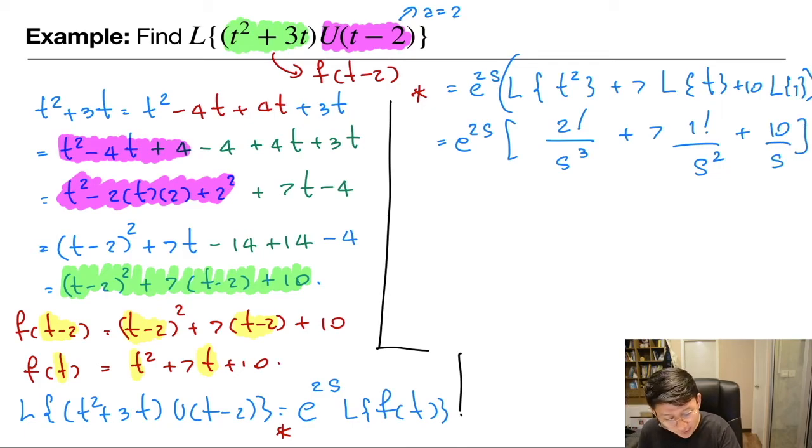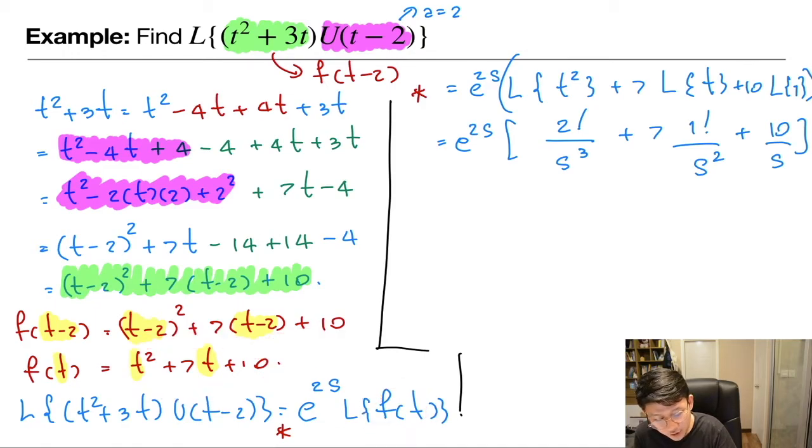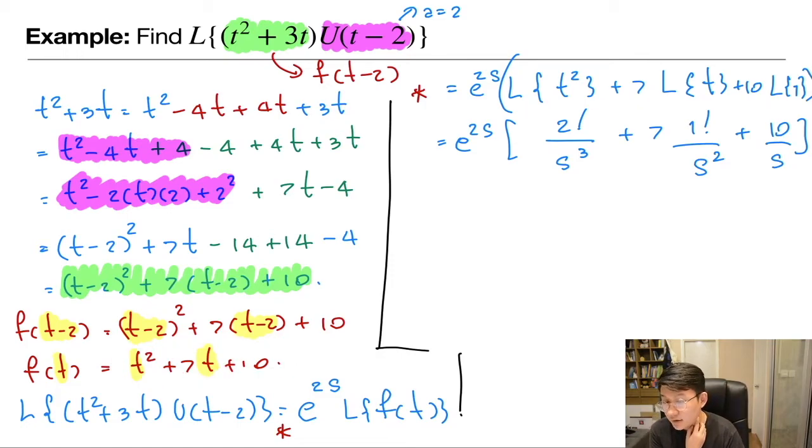Guys, here is nothing, it's f of t. I just substitute f of t with this expression, and then I apply the Laplace transform to each term. Okay, and that is the answer. As simple as that. That's it.